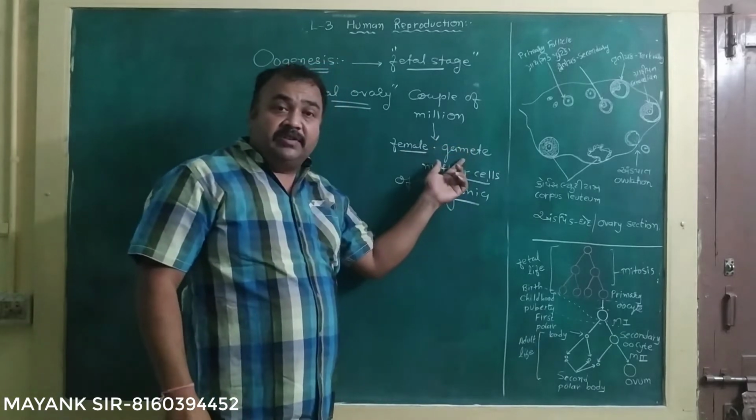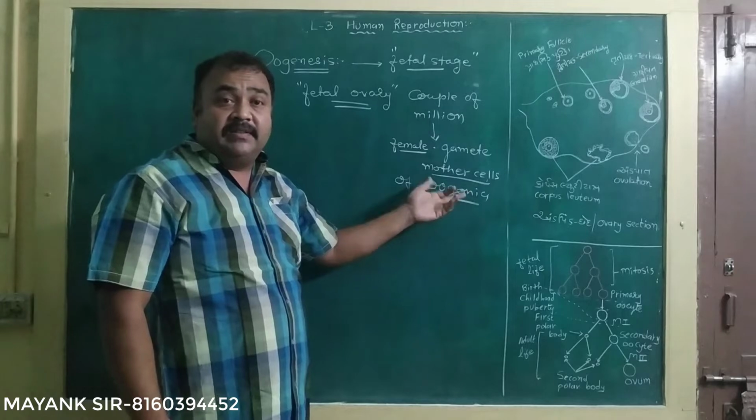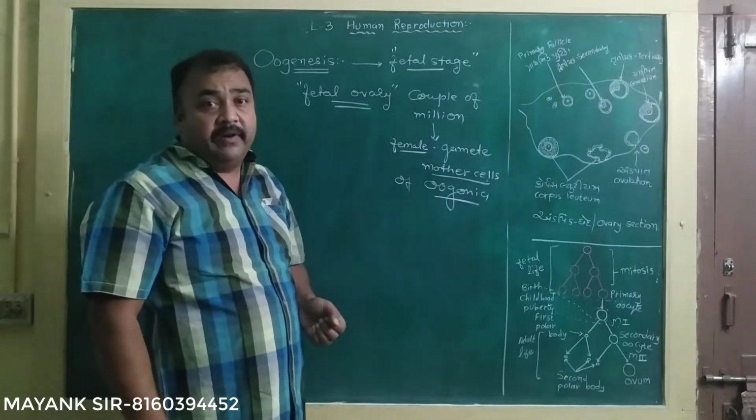A couple of million oogonia are present in each fetal ovary.